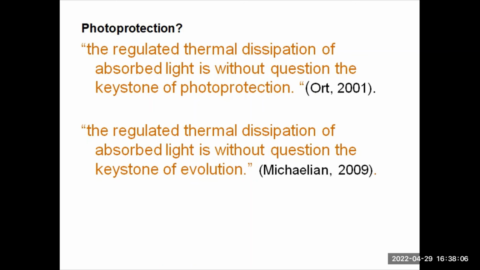But we know that these molecules don't have to absorb. They could reflect or they could transmit. And you can easily change the structure so that they don't absorb in the regions which could cause damage to the photosynthetic system. So photoprotection is only to protect the photosynthetic system.